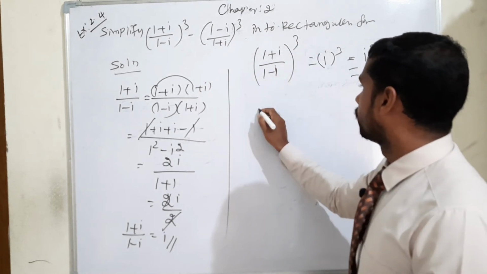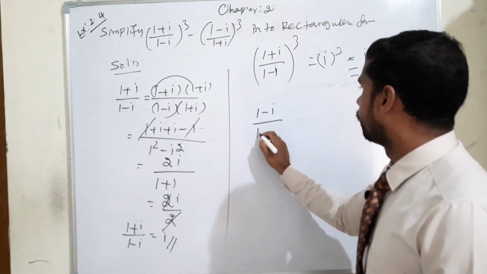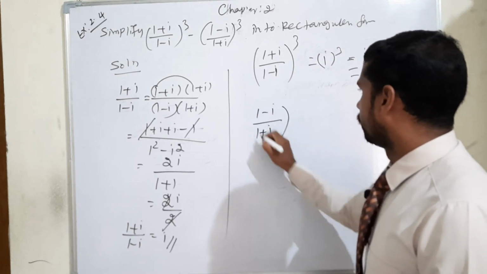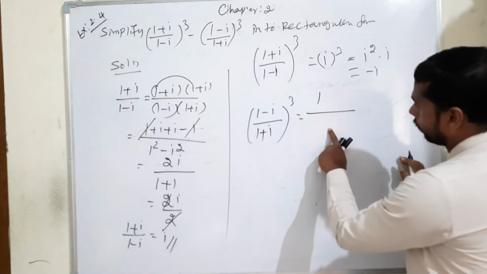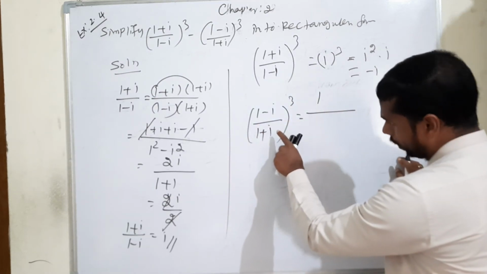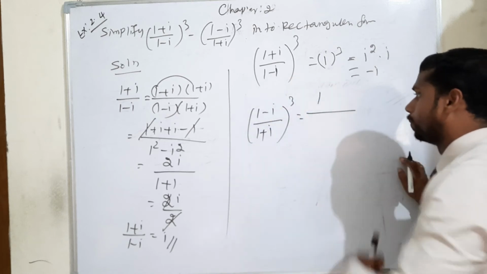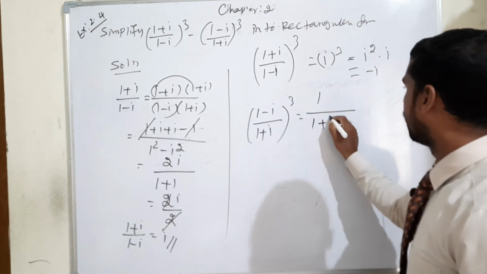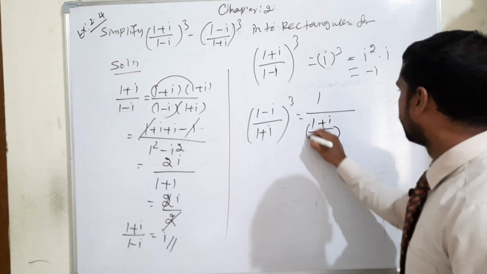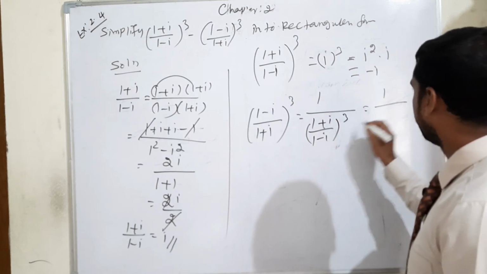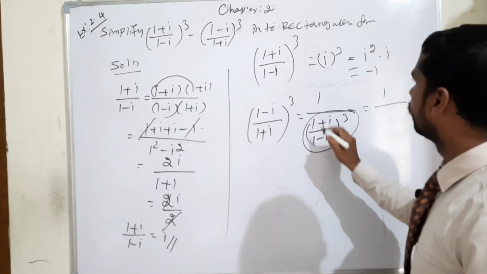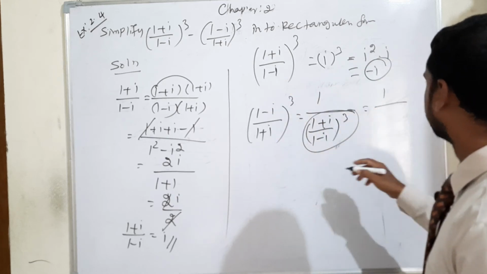Then second part 1 minus i divided by 1 plus i the whole cube. What is the meaning? 1 divided, reciprocal, no? So numerator going to down, denominator going to up. So what we have to do? 1 plus i divided by 1 minus i the whole cube is equal to 1 by, this is already we found, 1 plus i divided by 1 minus i the whole cube means minus i.